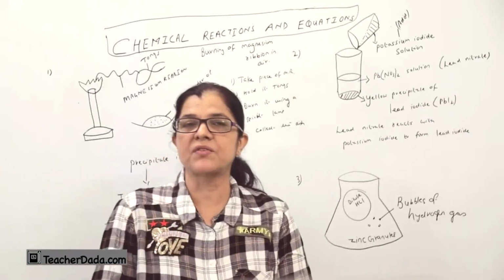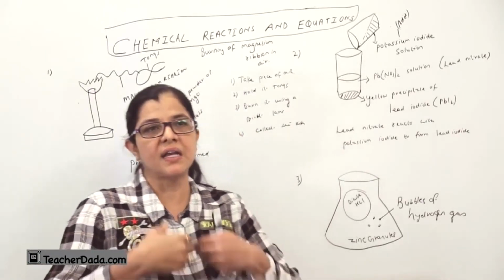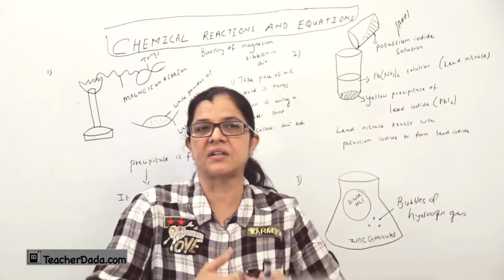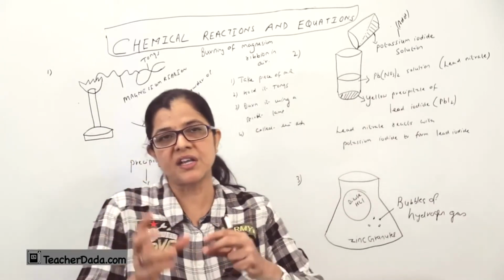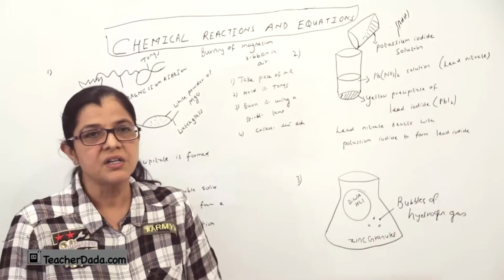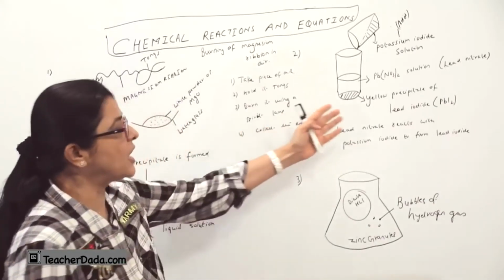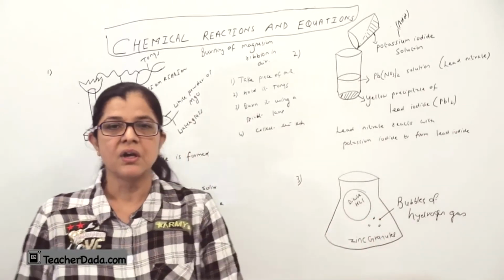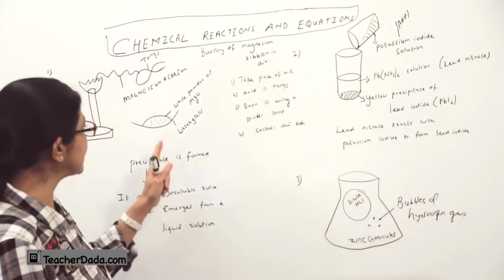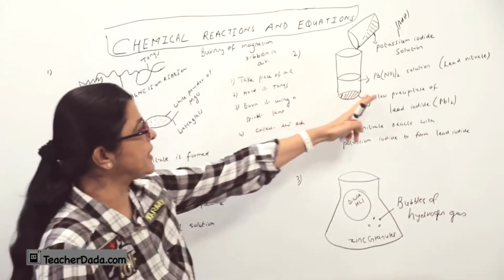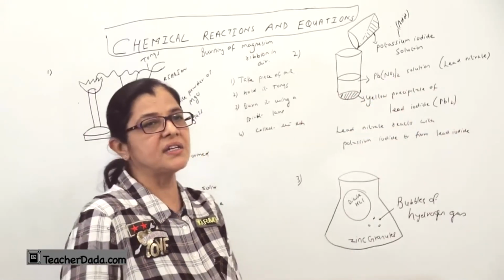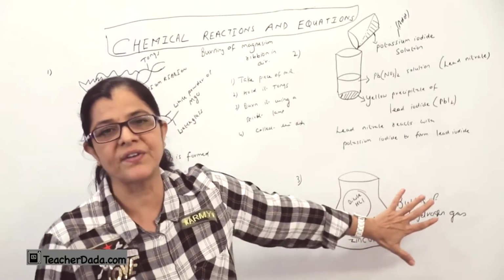Like I gave you the example of change in state: if I take ice and keep it outside the freezing temperature, it turns into water. So solid changes into liquid, that is a change in state. Change in color, I gave you about that, yellow precipitate. Evolution of gas, hydrogen gas is given out. Formation of precipitate, I gave you the example of lead nitrate solution. And change in temperature, when you touch this, you can feel the heat.